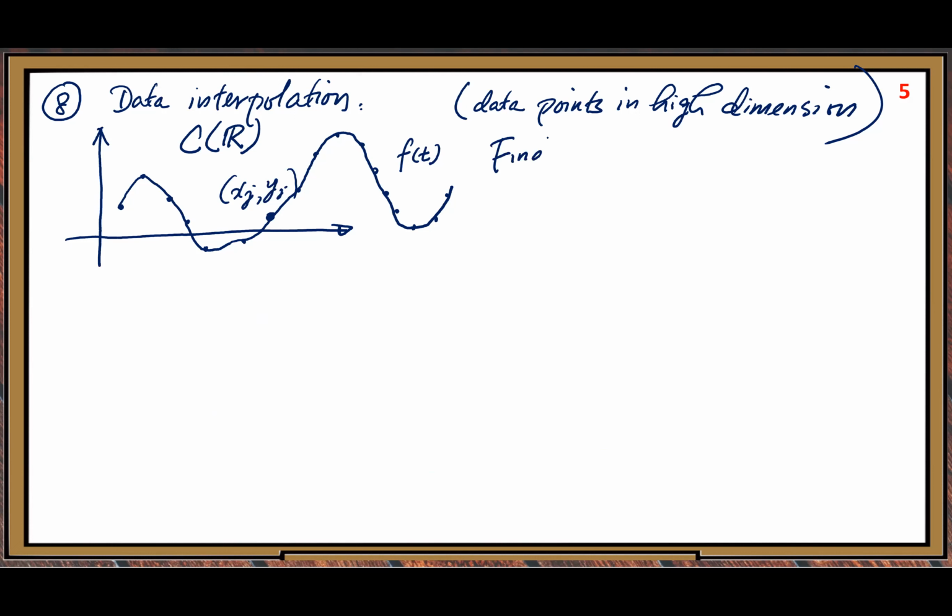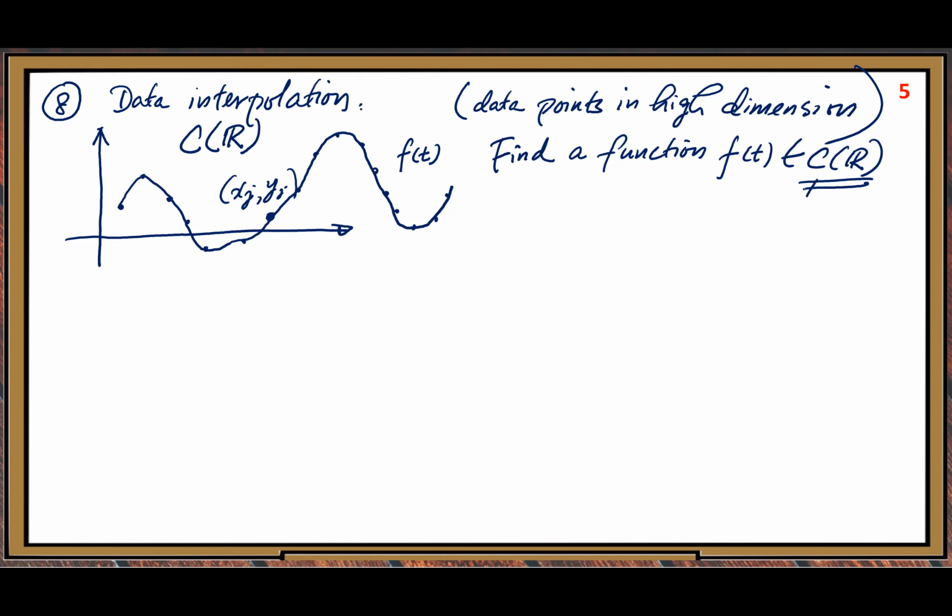We write the representation like this: find a function f of t in this set, the continuous function set, C of R.